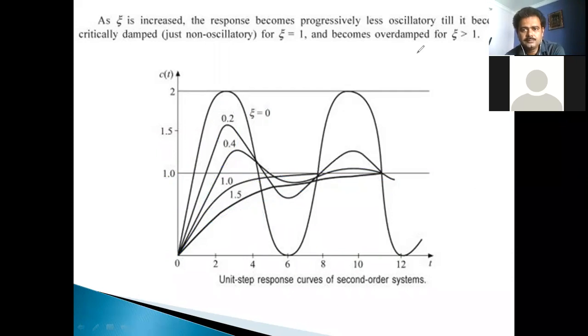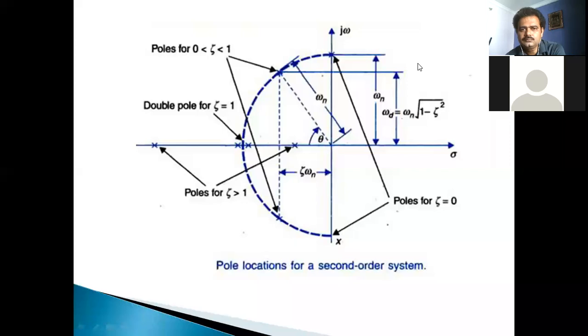Now, if we observe the locations of poles and zeros, this is the pole location for a second order system.